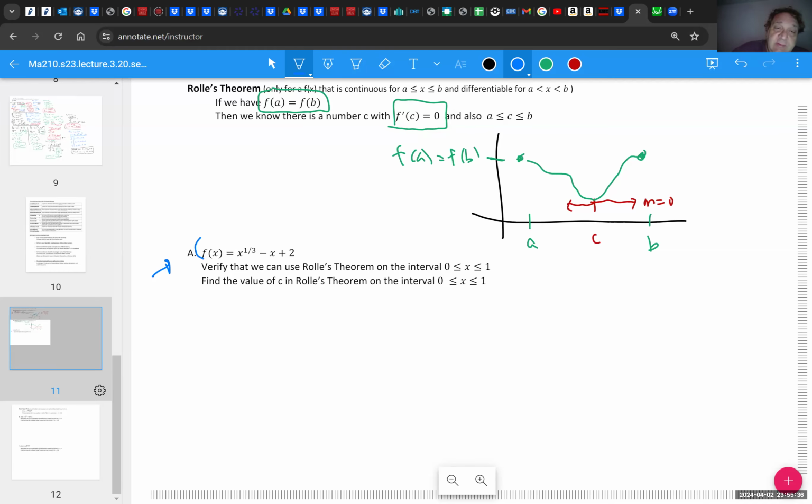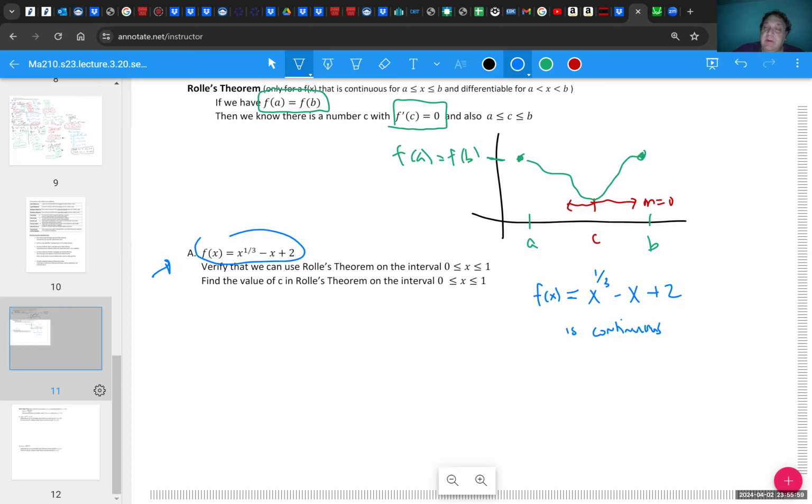So is this continuous? So we'd have to say f of x equals this function they gave us. We'd have to say it's continuous. And why is it continuous? Well, it's made up of 3 continuous parts.